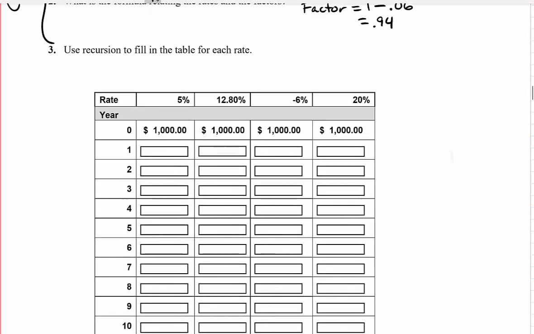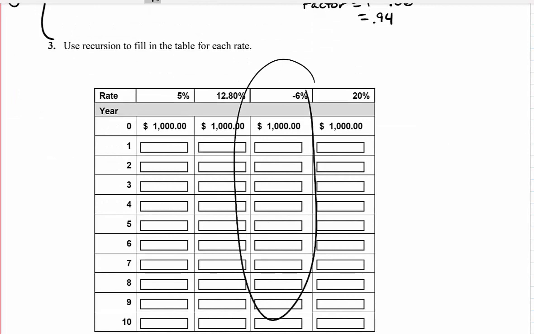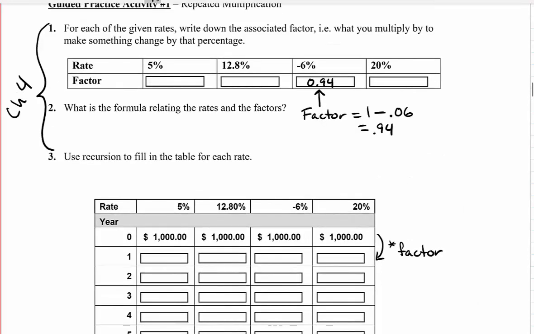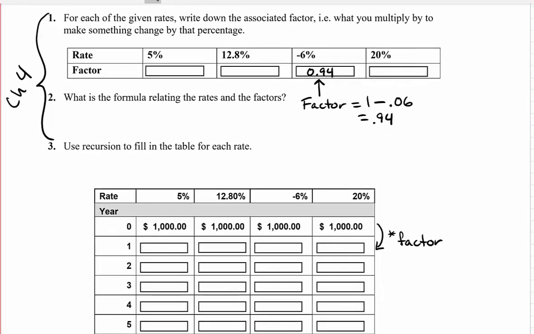And I need that because I'm going to help you with this column, and I'm going to leave the others for you to practice. So in order to complete this table, from each row to the next row, you have to multiply by the factor, which is why we needed to get the factors up here in part 1. That's why you need those factors.